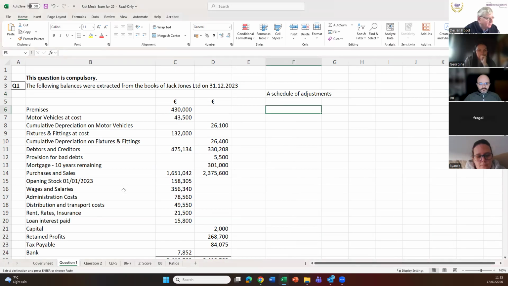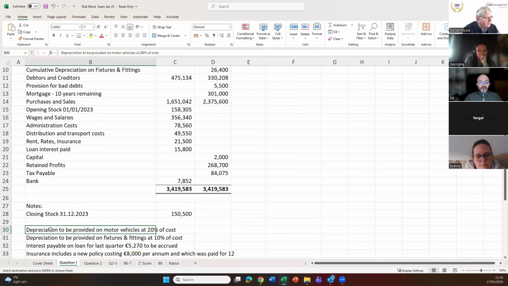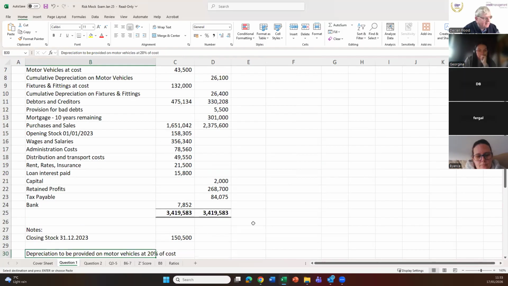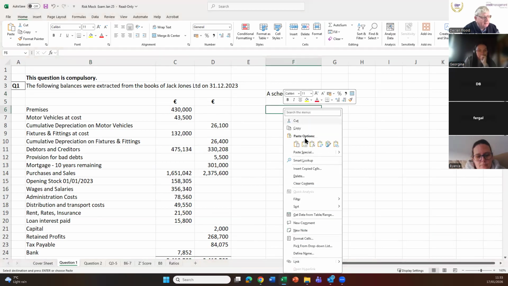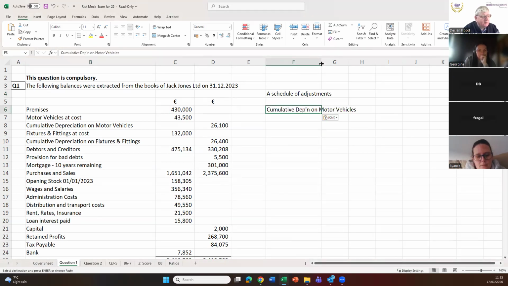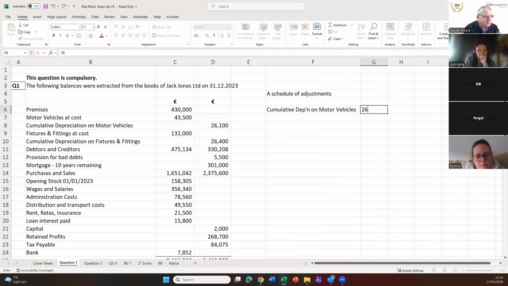So the first thing we have is depreciation to be provided on motor vehicles at 20% of cost. So let's just pop this in here. Paste depreciation on motor vehicles. So we look at our trial balance, and there's cumulative depreciation on motor vehicles, and the figure for depreciation is 26,100.